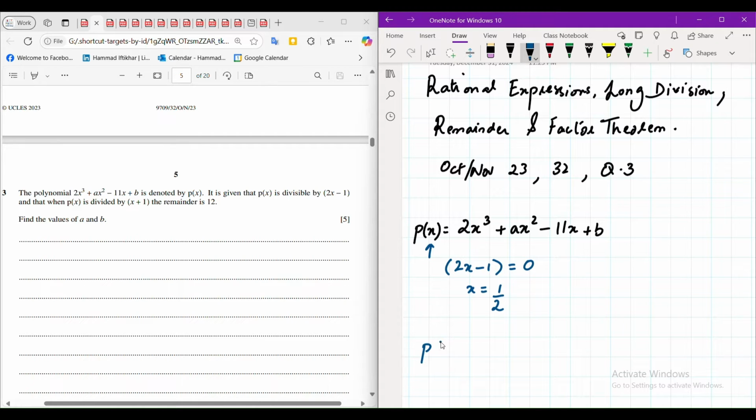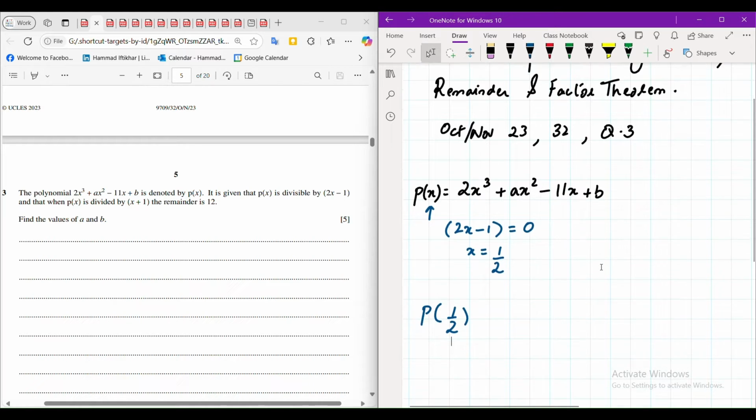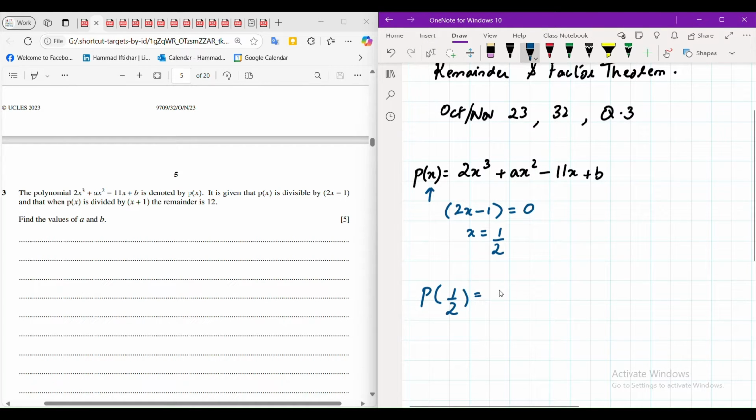Now we plug in 1 over 2: 1 over 2 cubed plus a times 1 over 2 squared minus 11 times 1 over 2 plus b, and that is equal to 0 because 2x minus 1 is a factor.